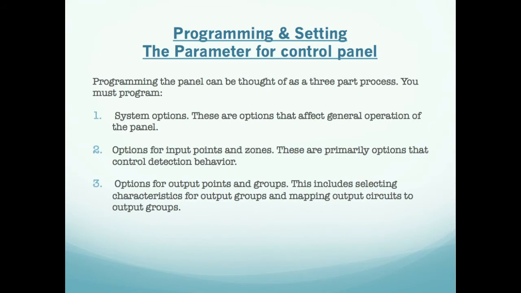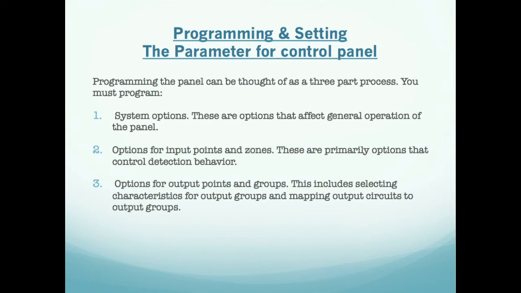Programming and setting the parameters for the control panel. Programming the control panel can be thought of as a three-part process. You must program for system options. These are options that affect general operation of the panel. You can also program options for input points and zones.